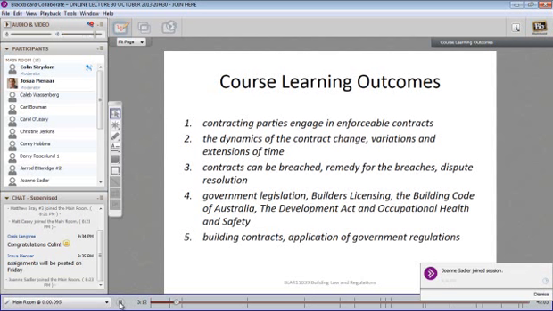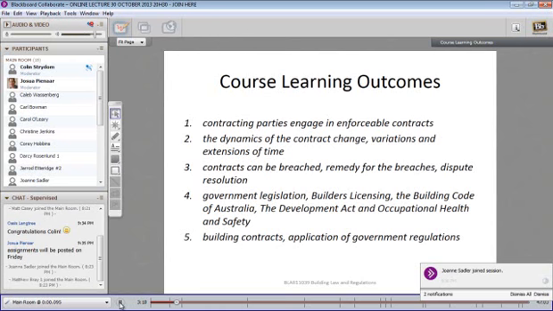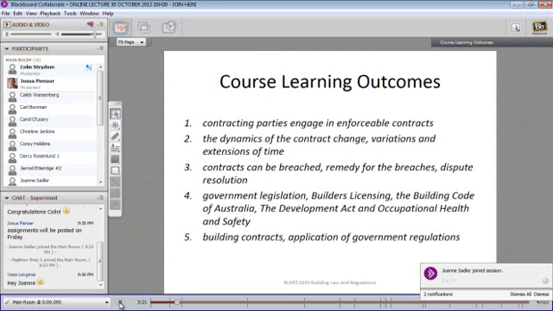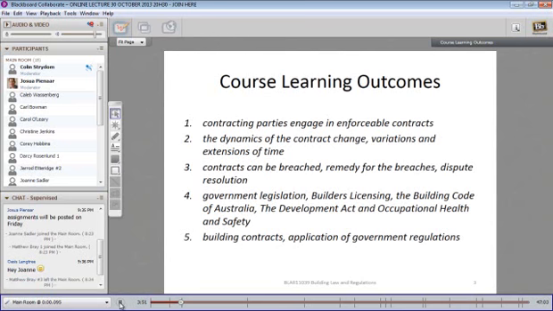The last 3 topics we look at, very briefly, are legislation, getting licensed or requirements for licensing, the Building Code of Australia, and really briefly the Development Act and occupational health and safety. And that last point 5 is really just a summary of the whole course. It's basically revolved around building contracts and the application of building contracts.